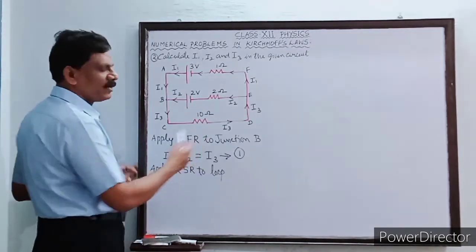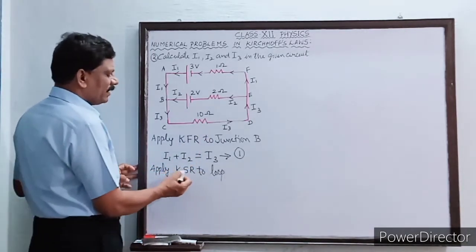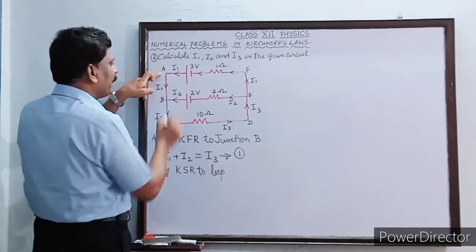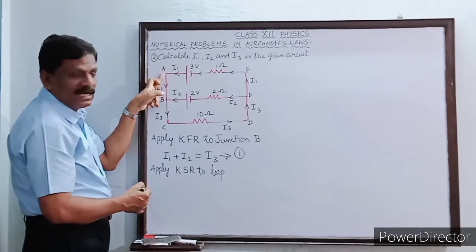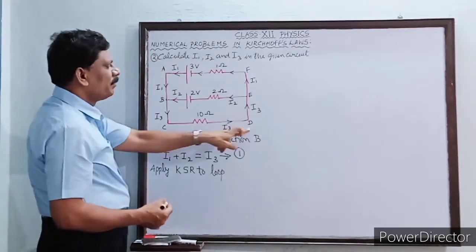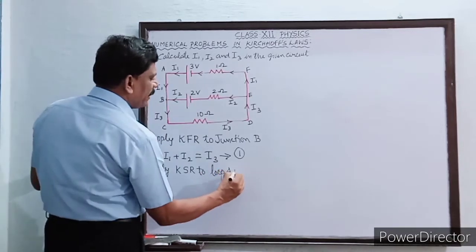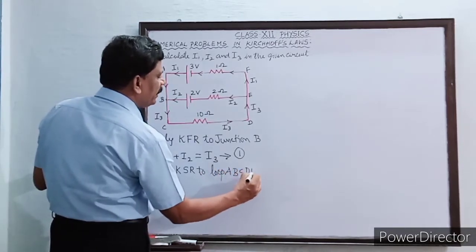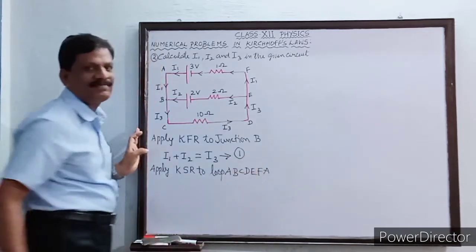The first rule is also called the junction rule. Applying Kirchhoff's second rule to the biggest loop, start from A, B, C, pass through D, E, F and come back to A itself. So A, B, C, D, E, F and back to A.